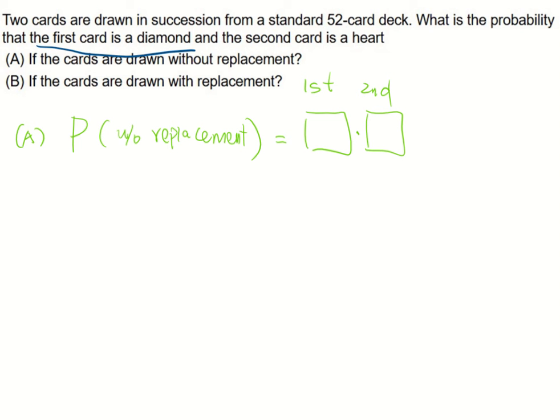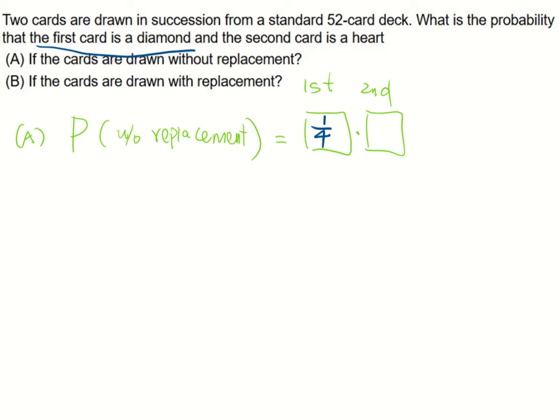We know it's 1/4, right? So for every 4 cards of the same kind, one of them is a diamond. So that's 1/4. Or you can think of it as 13 over 52, which is also 1/4. Okay, so that's the probability that the first card is a diamond.